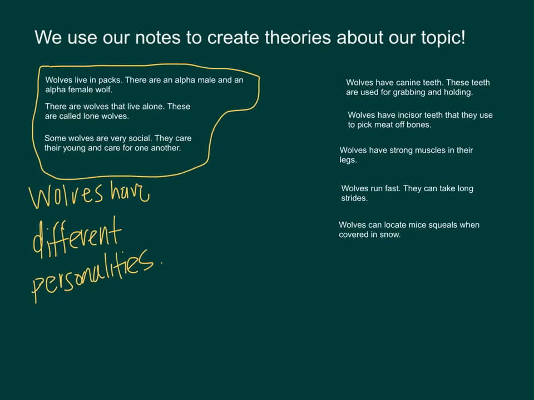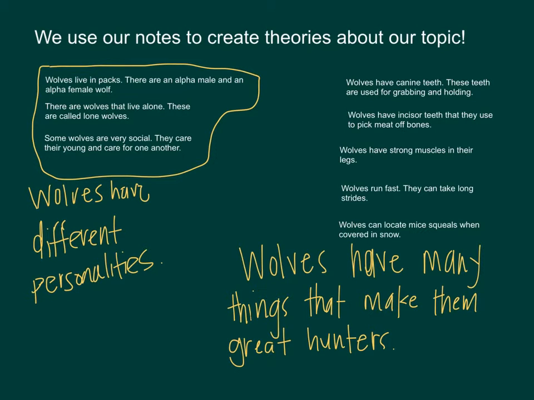Readers, as I look at these five notes, I believe that it's telling me that wolves are well equipped for hunting. So they have lots of things about them that make them great hunters. So I'm going to write that down. So readers, I wrote, wolves have many things that make them great hunters, because I believe that that's what my Stop and Jots are telling me.